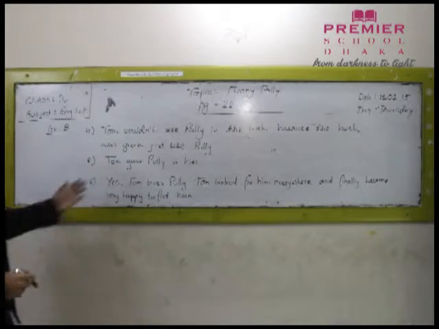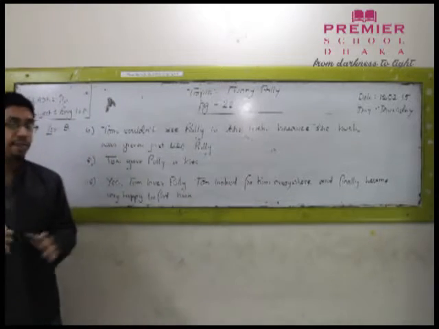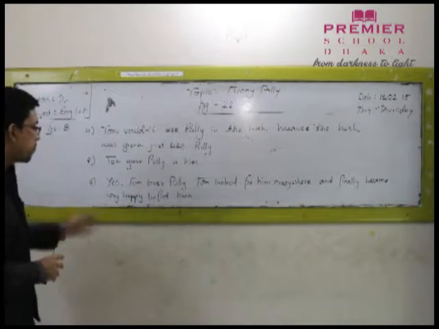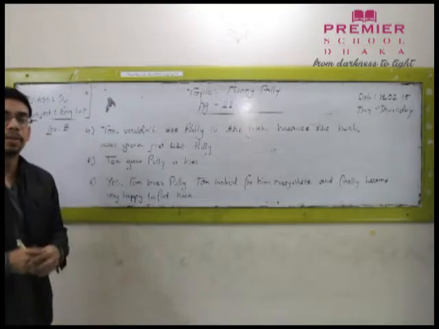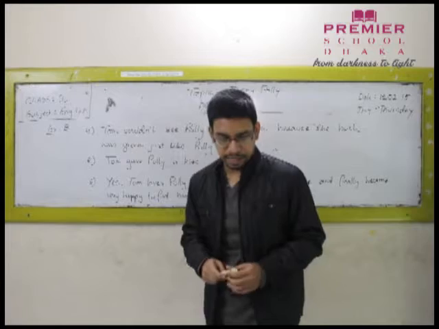There you go. Yes, Tom loves Polly. Tom looked for him everywhere and finally became very happy to find him. The boy was very attached to the parrot. We know that. These are the question answers here.